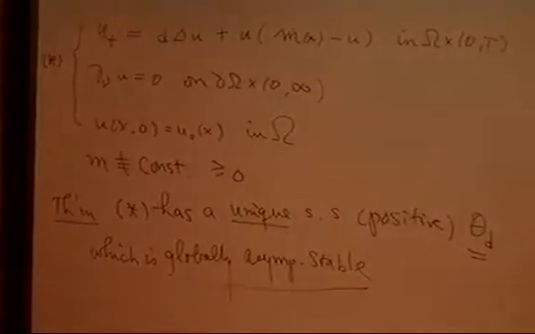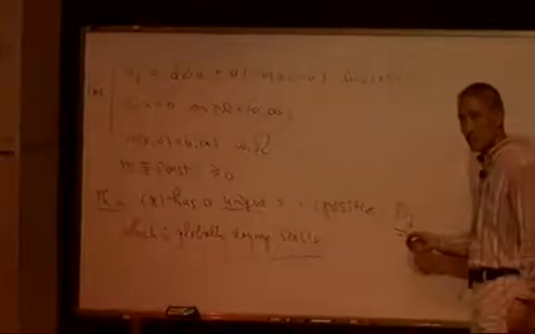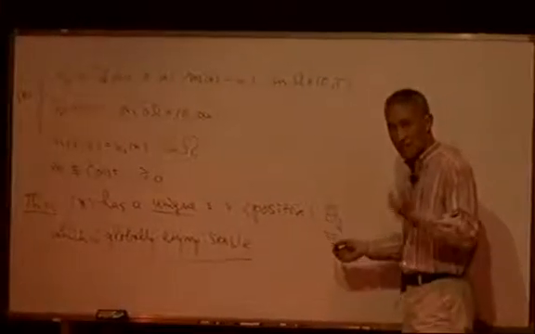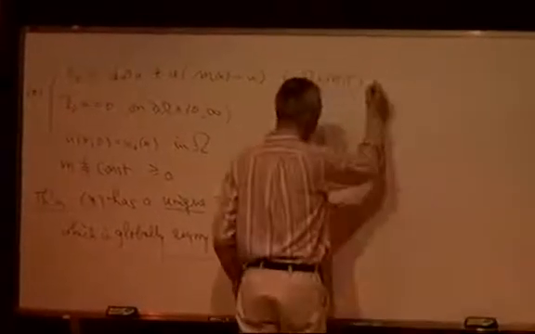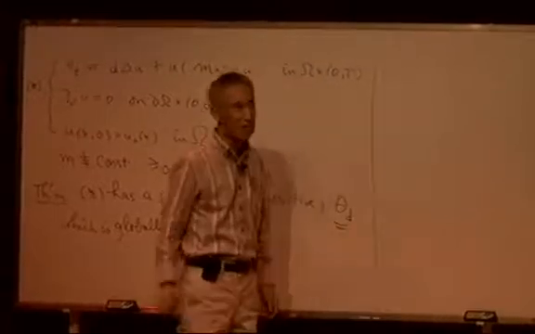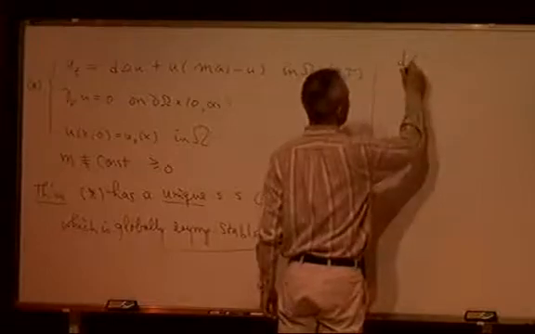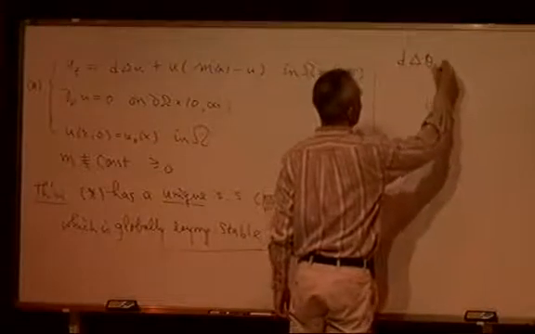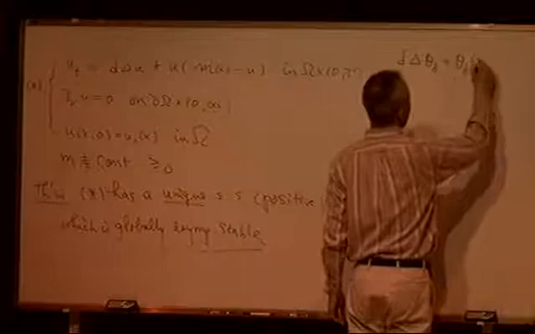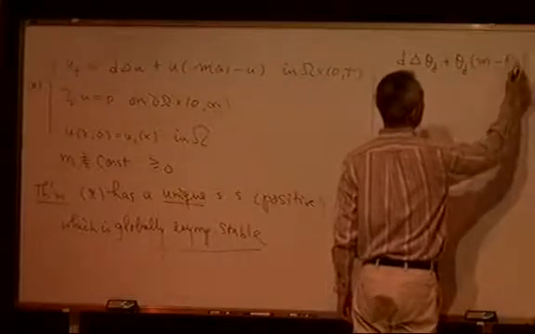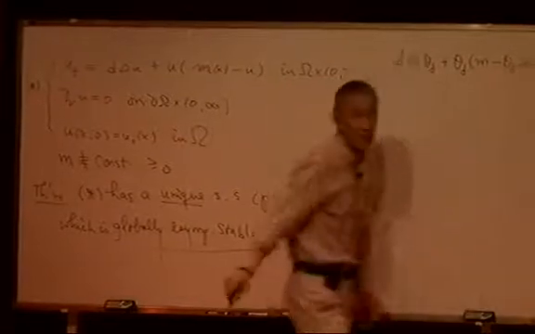Okay. Now, let's take this theta_d and do something about it. I will do it here. So theta_d satisfies d Laplacian theta_d plus theta_d times (m minus theta_d) equals 0, with Neumann boundary.